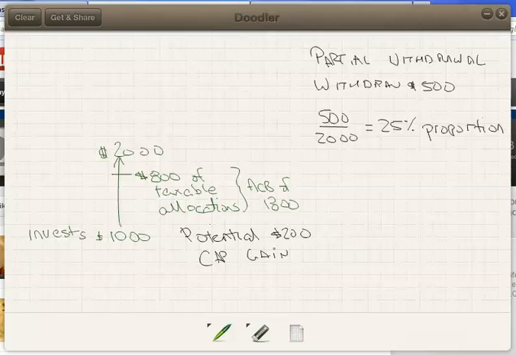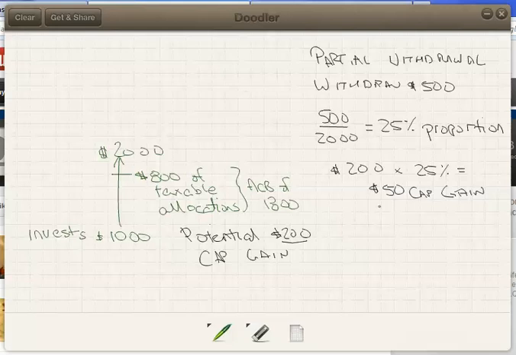Now we said if they took out the whole amount, they would have a $200 gain. Just like we saw with the taxation of universal life insurance, we say, hey, that's going to cost them 25% in tax terms of what it would have cost them to make that full withdrawal. So instead of having a $200 capital gain because they've only taken out 25%, they're going to have a $50 capital gain.